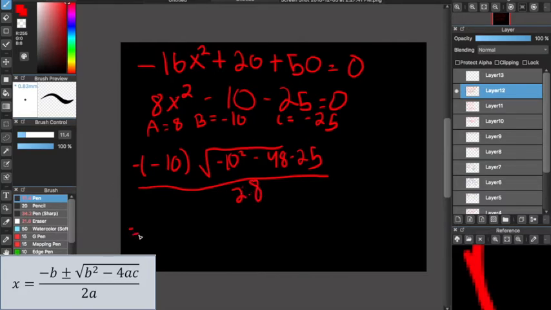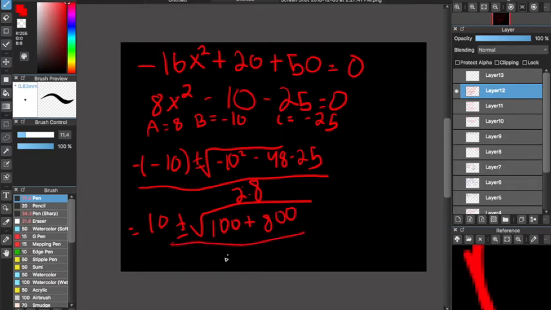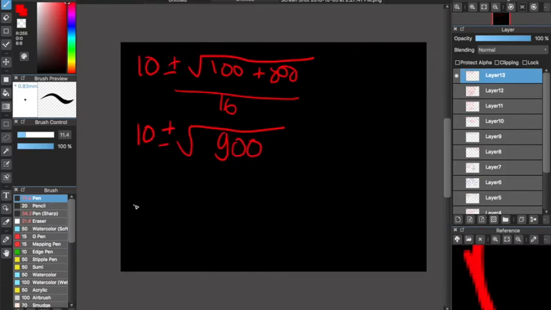So minus and minus 10 equals 10, and I forgot the plus minus between the 10 and the square root. So 10 plus minus the square root of 100. 4 times 8 times minus 25 is 800, so 900, divided by 16. The square root of 900 is 30. So 10 plus minus 30 divided by 16.